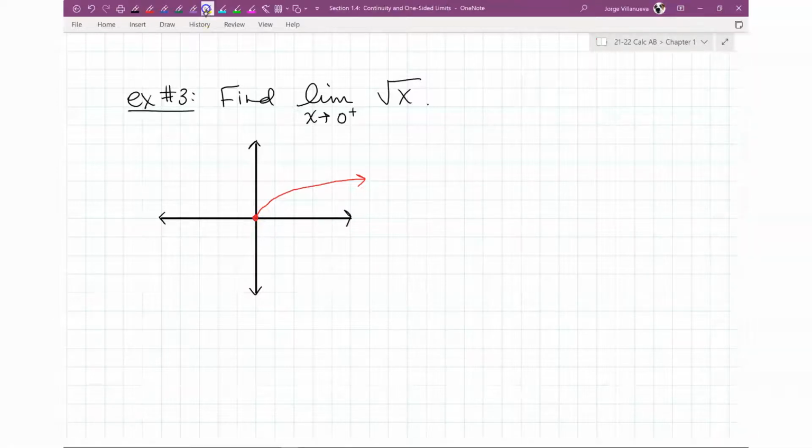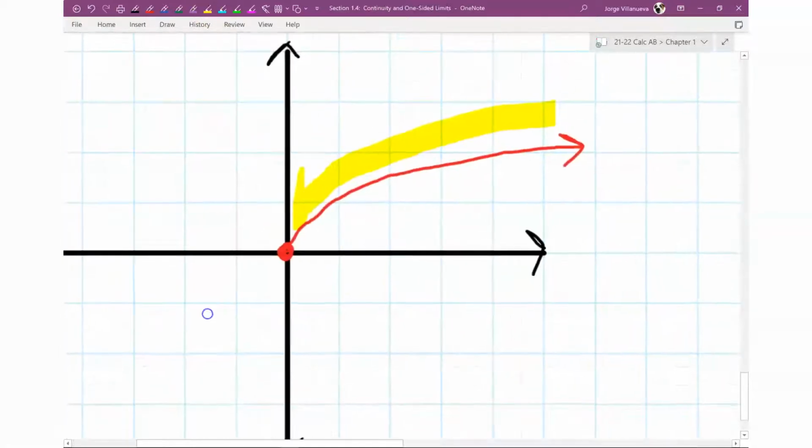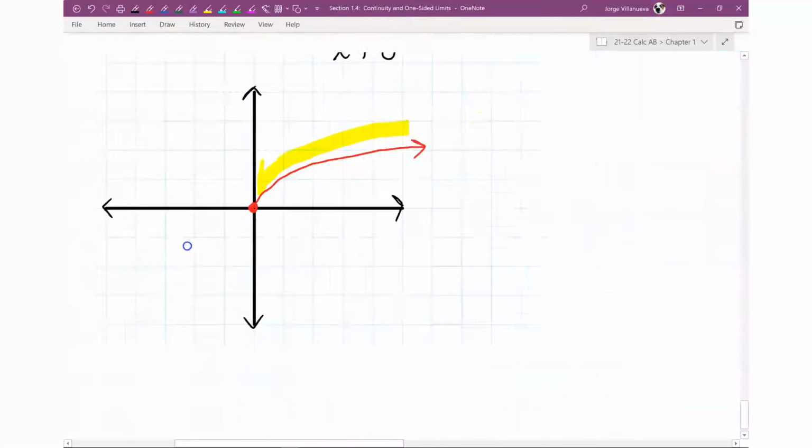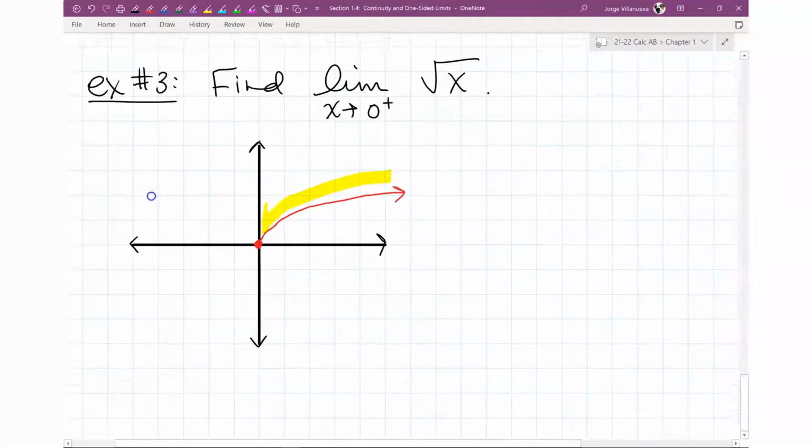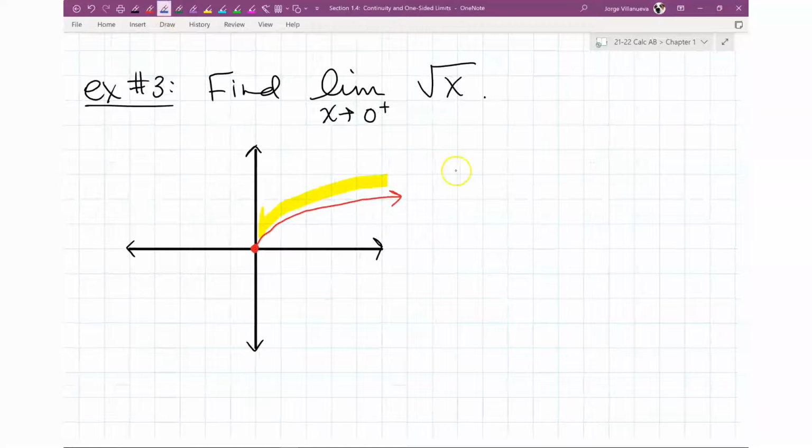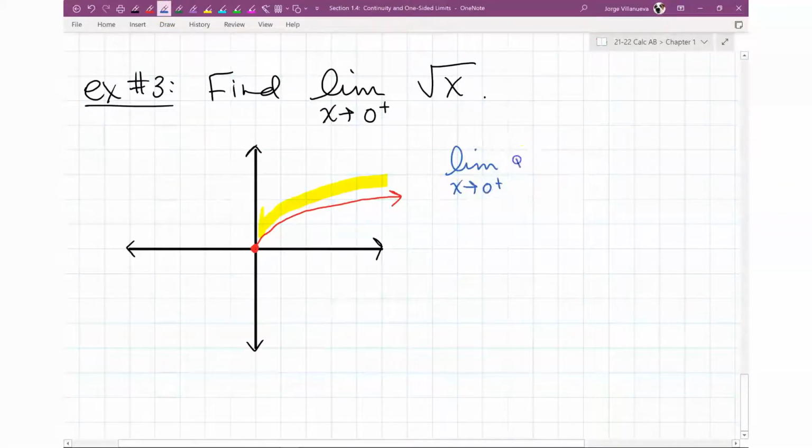Well, I can approach from the right. What is the height of that function as I approach from the right-hand side? 0, right? So the limit as x approaches 0 from the right side of radical x is 0.